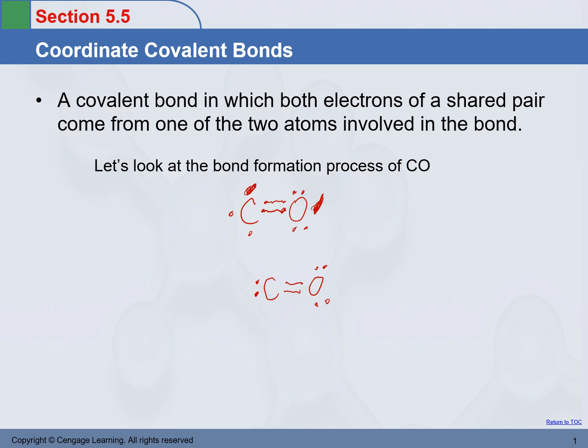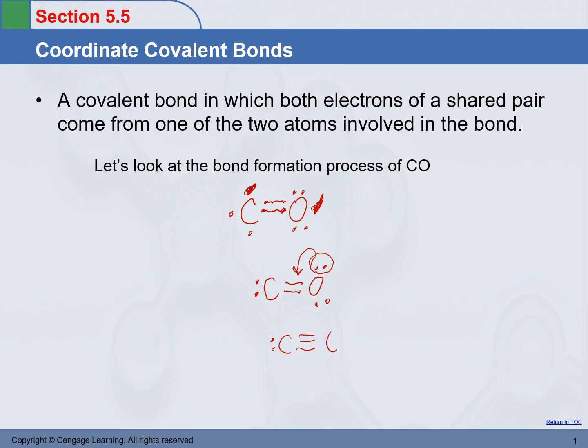Well, oxygen realized that as well. Okay, oxygen takes a pair of electrons from itself and puts it in between the carbon and oxygen. By doing this, this is a very unselfish behavior. So by doing this, both carbon and oxygen are happy now.